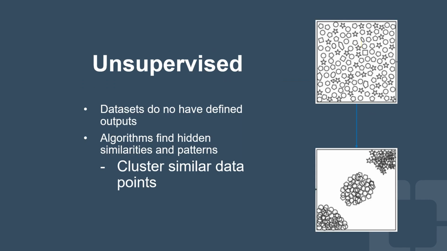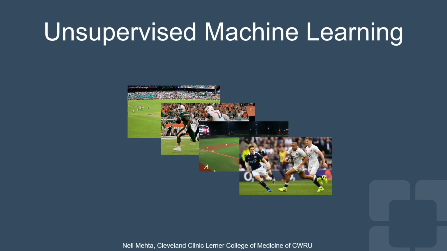Like we saw before, in unsupervised machine learning, the data sets do not have defined outputs or labels. The algorithm itself will find hidden similarities and patterns and cluster similar data points together. So to carry on the metaphor of sports to help understand unsupervised machine learning, imagine that you have thousands of photographs of cricket, baseball, rugby, and American football.